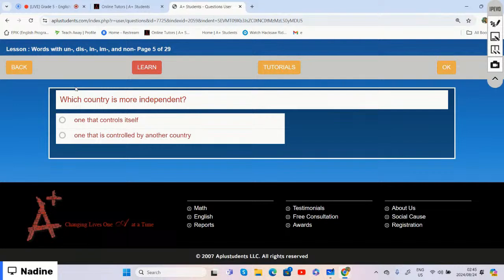The last one is, which country is more independent? Is it one that controls itself, or is it one that is already controlled by another country? A country that is independent.